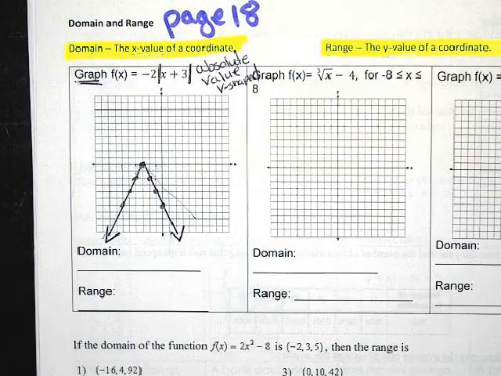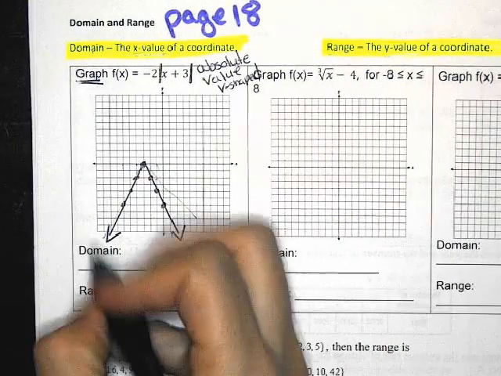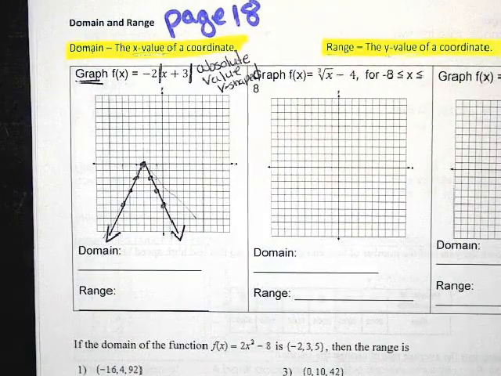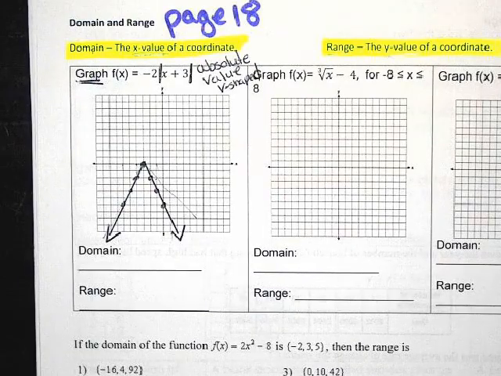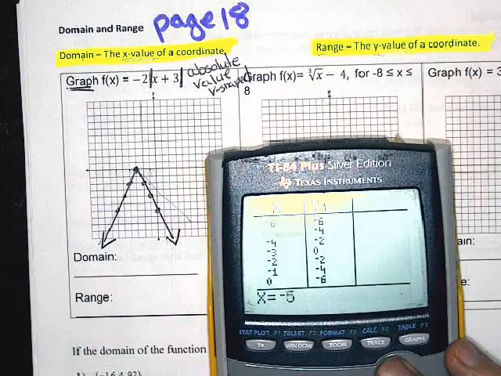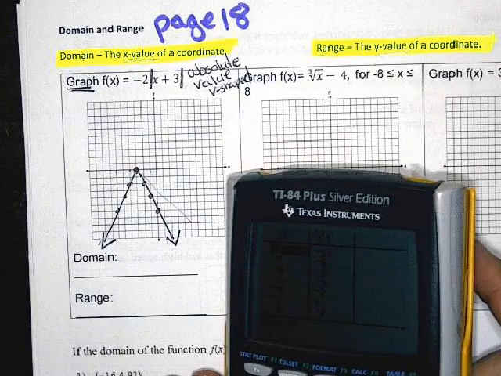The real question that's coming next is, what is the domain and what is the range? Now, what's domain again? X values. So if we took a look, even in our table, are there any X values that I can't use?